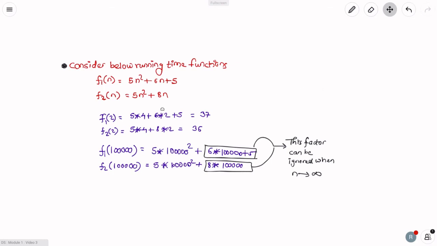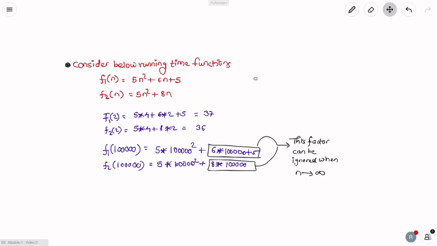Suppose we have two running time functions, f1 of n and f2 of n, where f1 of n is the first running time function, 5n square plus 6n plus 5, and we have another running time function, f2 of n, which is 5n square plus 8n. Now suppose the value of n is 2. In that case f1 of 2 will be 37 and f2 of 2 will be 36.